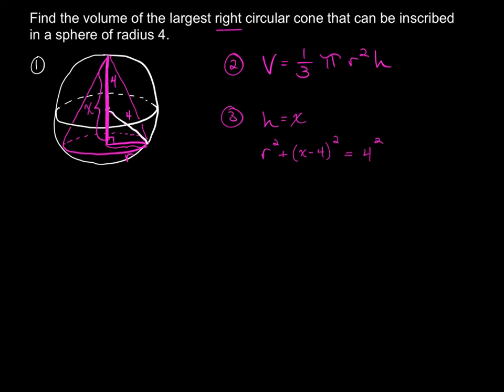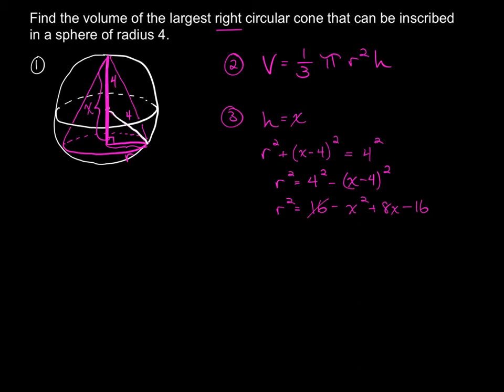So you can see something really cool here: if we can solve for r squared, that's what we need in our equation. So what I'm going to do is subtract x minus 4 squared from both sides and get r squared equals 4 squared minus x minus 4 squared. Then the next step is to say r squared equals 16 minus x squared plus 8x minus 16.